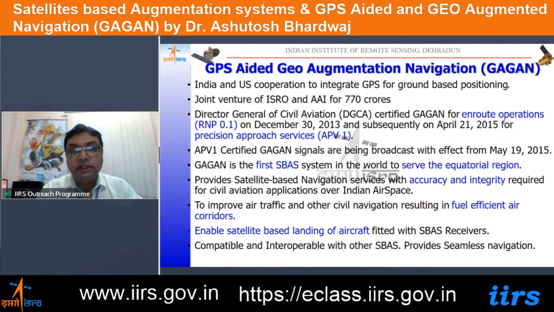So all these signals are available for the user. GAGAN was the first SBAS system to serve the equatorial region also. GAGAN is fully functional, and it is suggested that this should be available now for all the aircraft besides the other users who want to take the benefits of the GAGAN service in India.